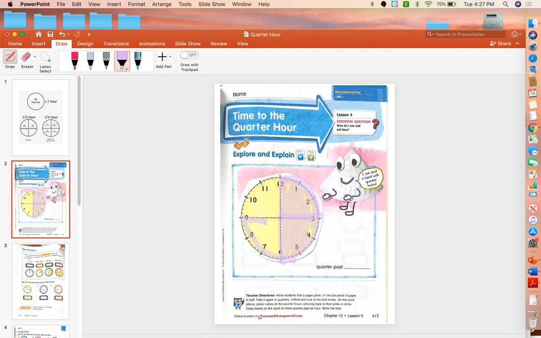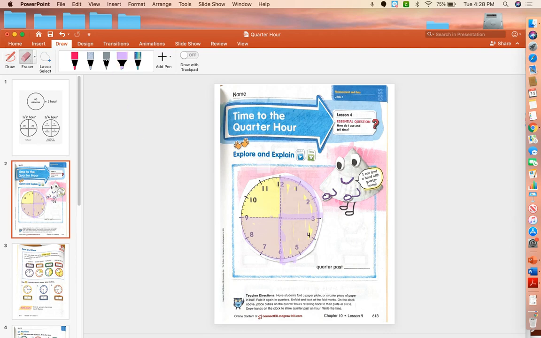Now, if the minute hand is pointing to the 9 in our third quarter, it's going to be something called quarter till or quarter to. That means there's only a quarter of an hour left before the new hour happens. So there's only 15 minutes until that next hour.